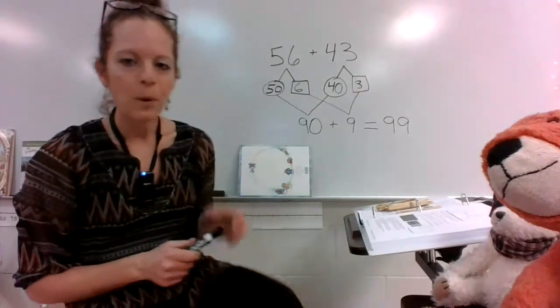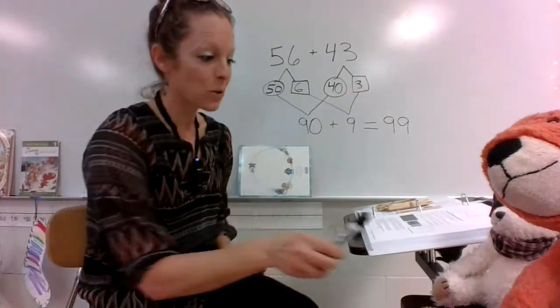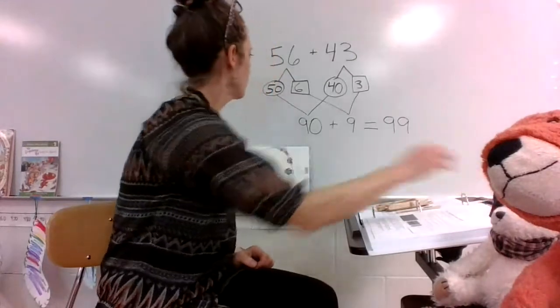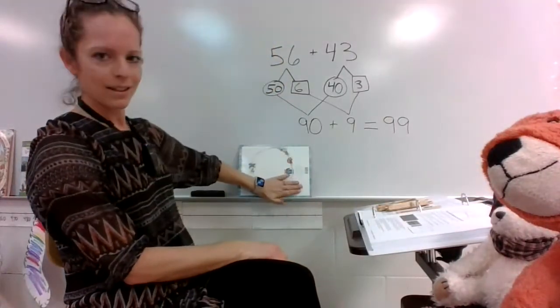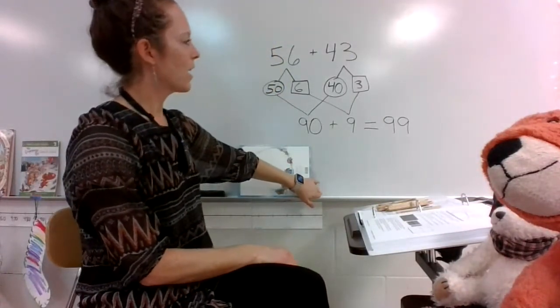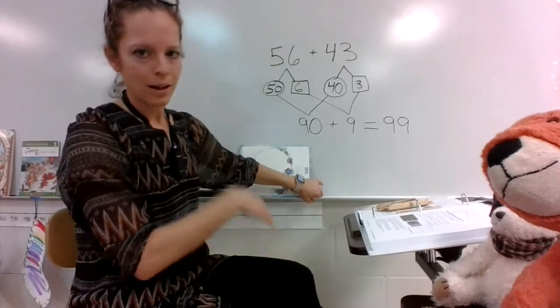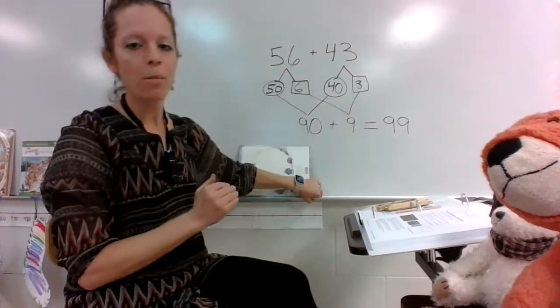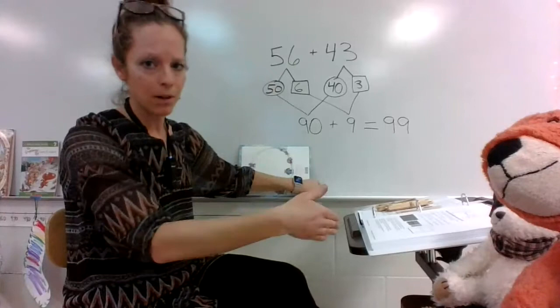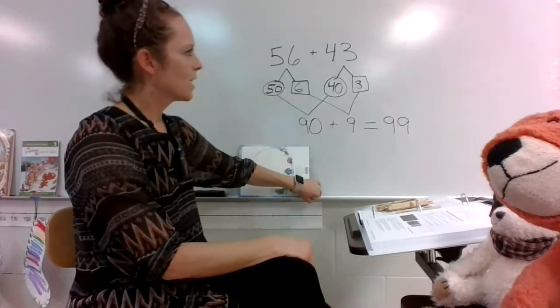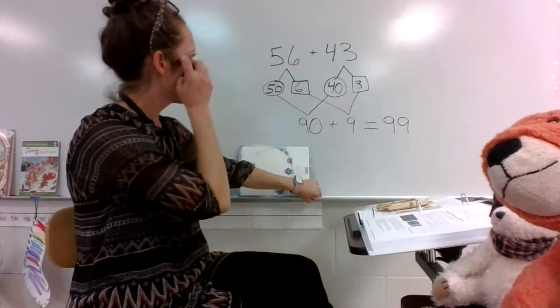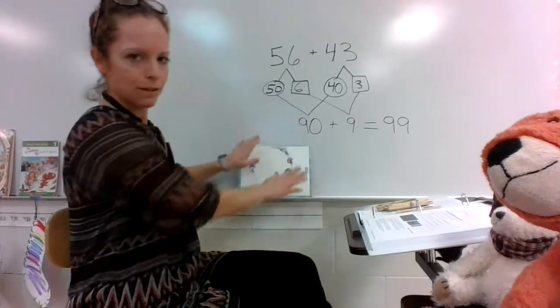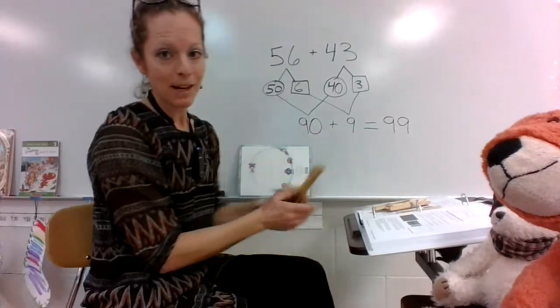Here's a different way. Some of you are starting to do this. You might see 56 and try counting on by 10s like you're on an open number line, like you've been used to counting on by 10s from any given number. So I'm going to try that. I'm going to start at 56 and I'm going to add my 10s.